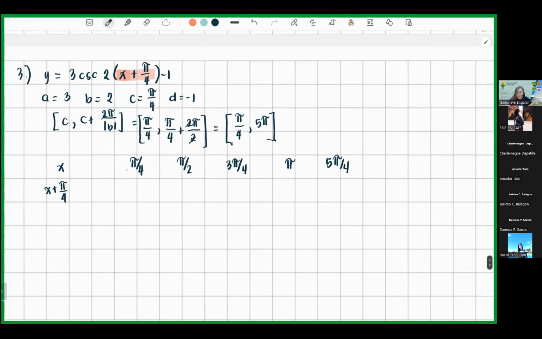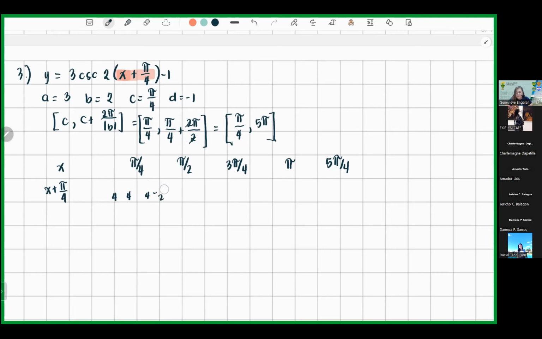So pi over 4 plus pi over 4, pila naman ka pi over 4? Duha. Nakay 2 pi over 4. Sige, ato nang tinumba nuon diha. Pi over 4 plus pi over 4. This is 2 pi over 4, or that is pi over 2.